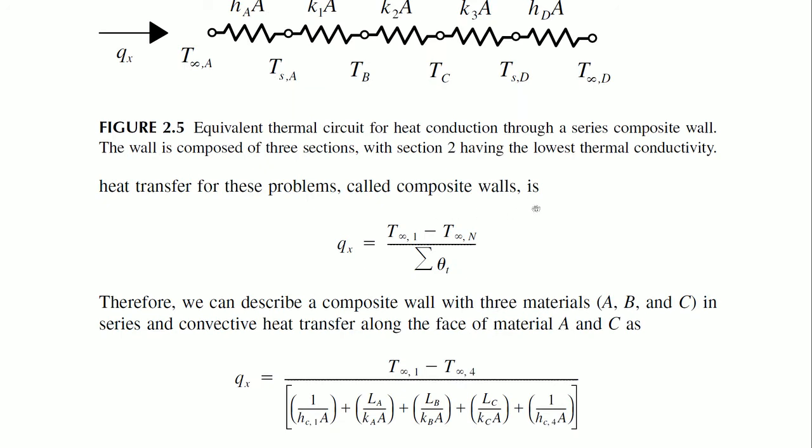So, if you go on to the heat transfer of these problems called composite walls, it is nothing but 3 materials A, B, C in series and convective heat transfer along the face of the material A and C. The whole thing we can nicely make into the usual resistive equation.